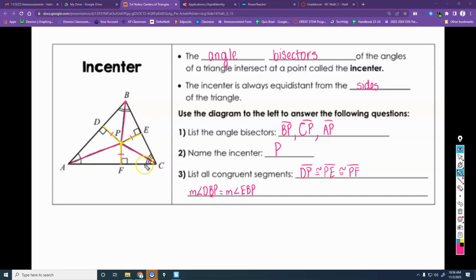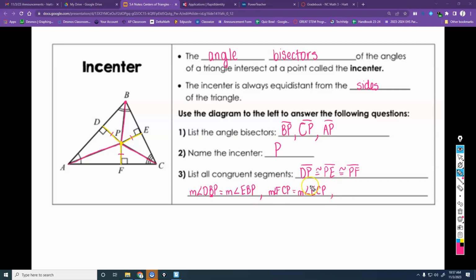I will also have the measure of angle FCP equal to the measure of angle ECP. You can also call that angle PCE. C has to stay in the middle, but the P and the E can go in either place.